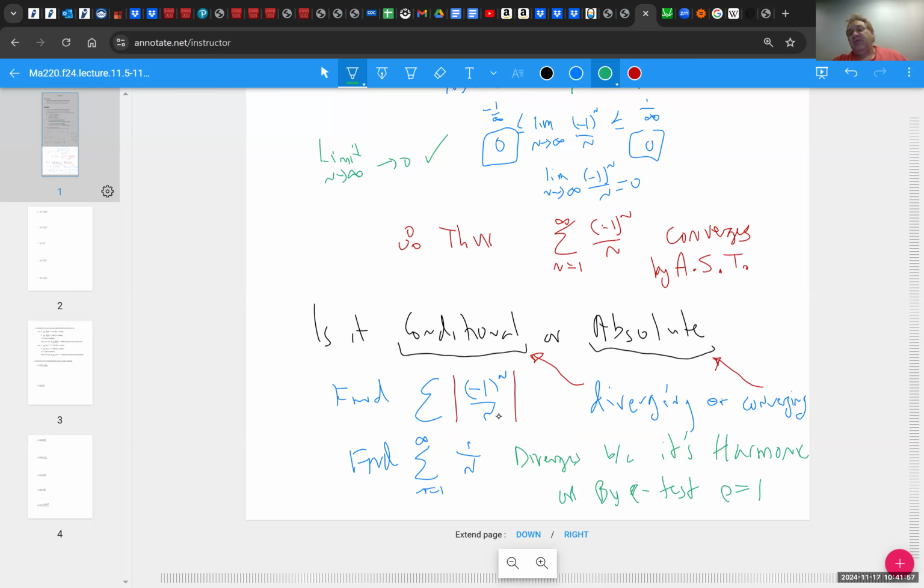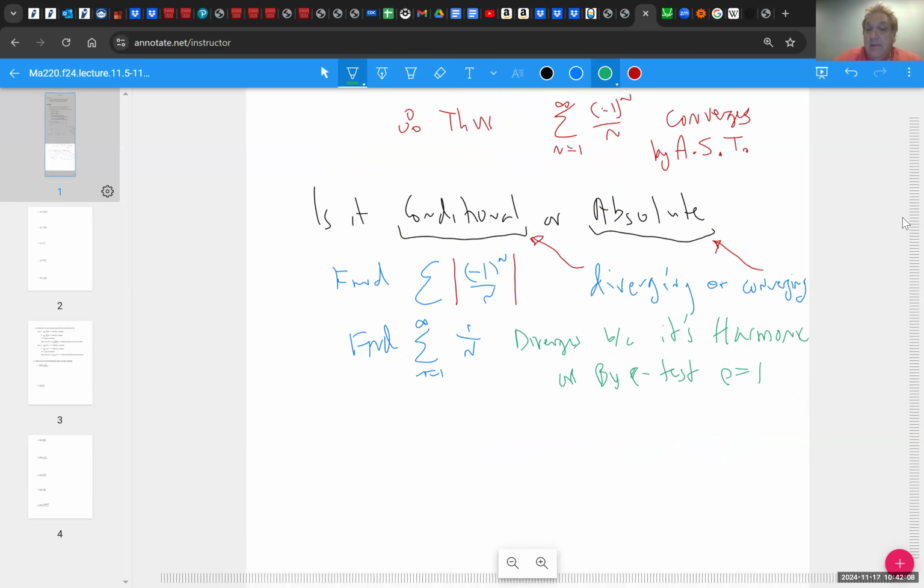There are different ways of showing that it diverges. I'd recommend, if you recognize it as harmonic, to say, hey, it's harmonic. We know harmonic diverges through lots of different tests. If you don't recognize it, then you can use the p-test. You can use an integral test. You can use different tests to show that it diverges as well.